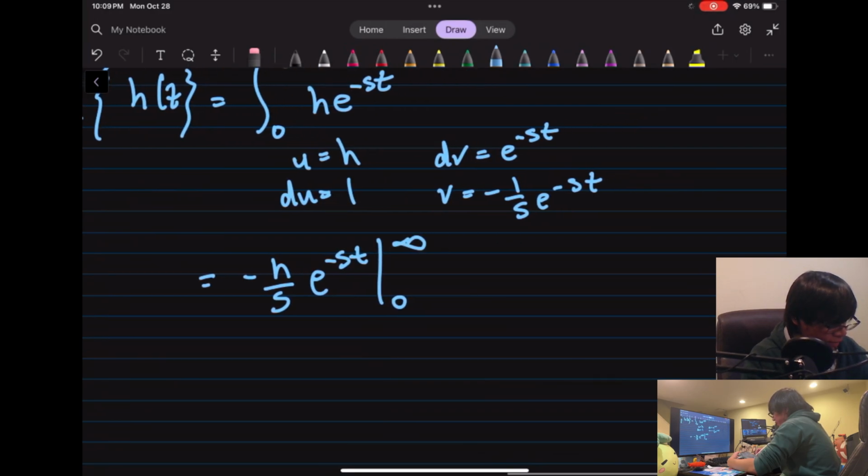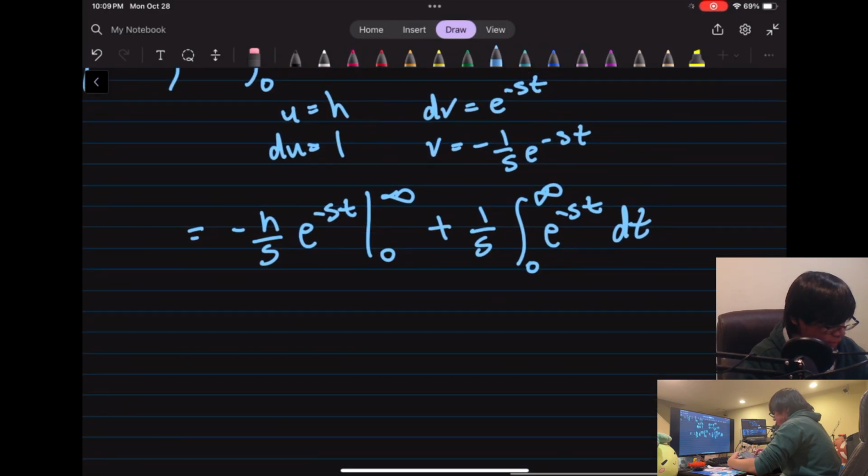And then we have uv prime, so minus v du, so that's a plus with the negative 1 over s, v du, and that's just the integration of a constant. So essentially this, e to negative st, 0 to infinity by dt.